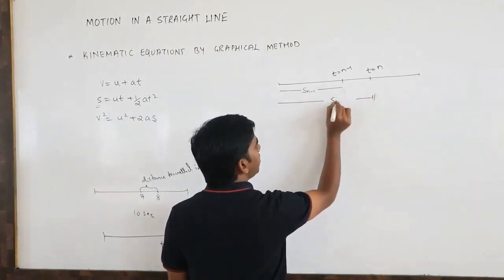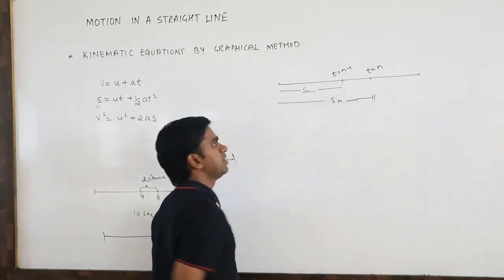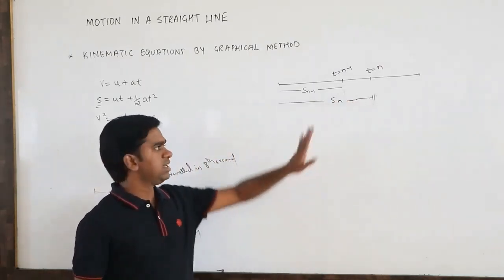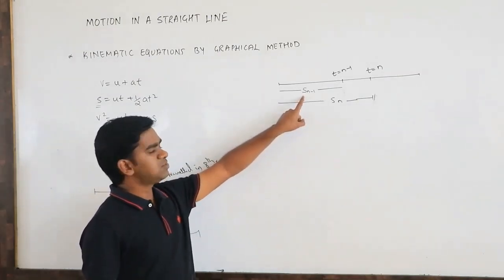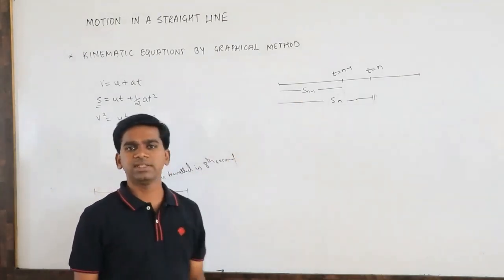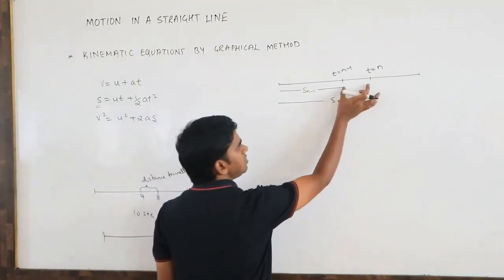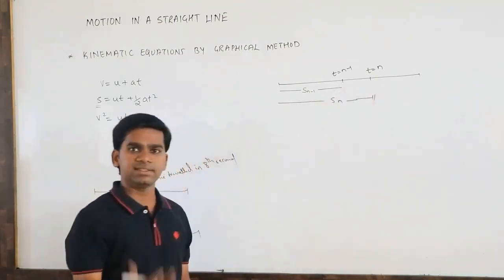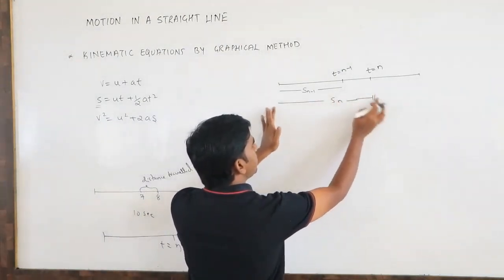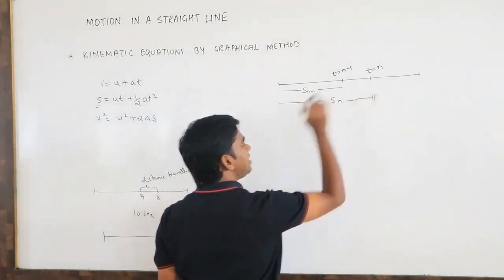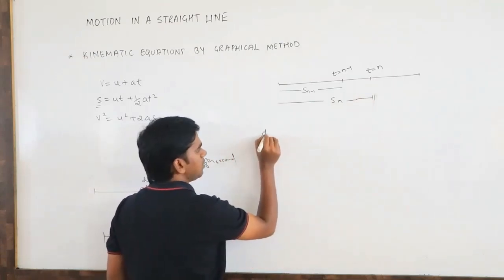It is distance traveled in n seconds. Sn is what? Distance traveled in n seconds. Sn minus 1 is what? Distance traveled in n minus 1 seconds. What is this? This is the distance traveled in nth second. So how we can get that one? If you subtract these two, can you get distance traveled in nth second? So what is that?